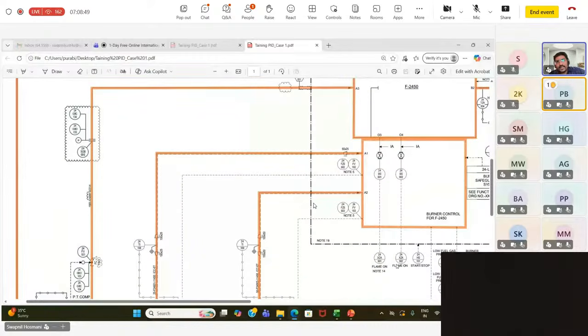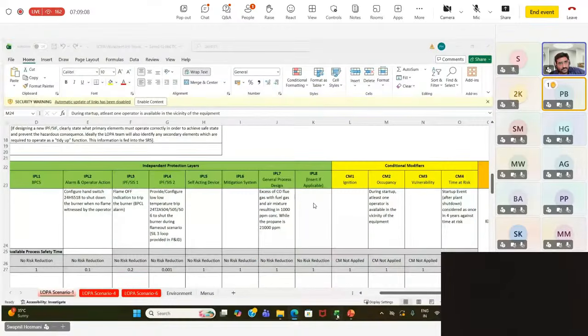These indications show the flame is on, and this is required when the heater is functional during startup. Once there is no flame, the operator can see that and directly shut off the burner. That is your first layer of protection.